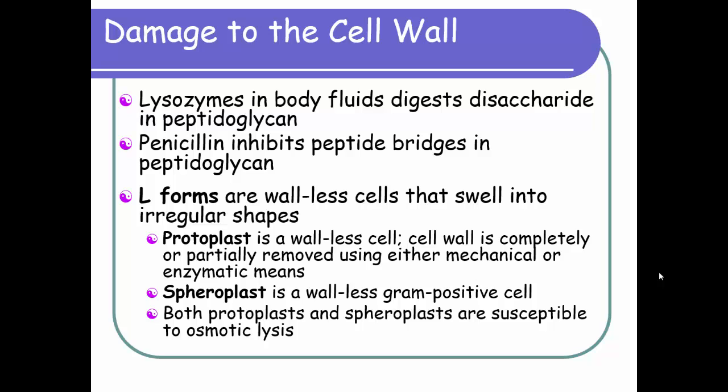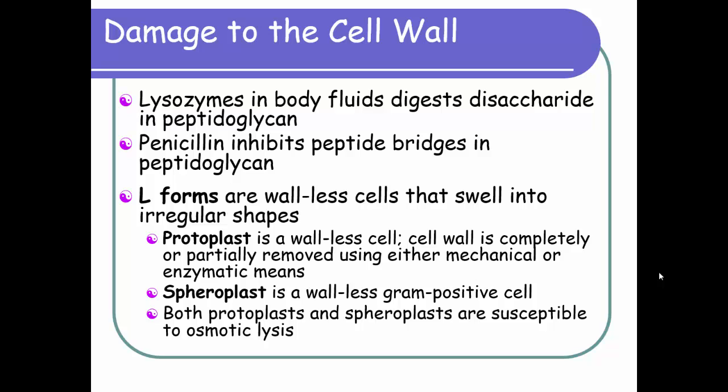Protoplasts and spheroplasts are basically the same thing. The protoplast is a wall-less cell where the wall is either completely or partially removed by using either mechanical or enzymatic means, and a spheroplast specifically is a wall-less gram-positive cell.